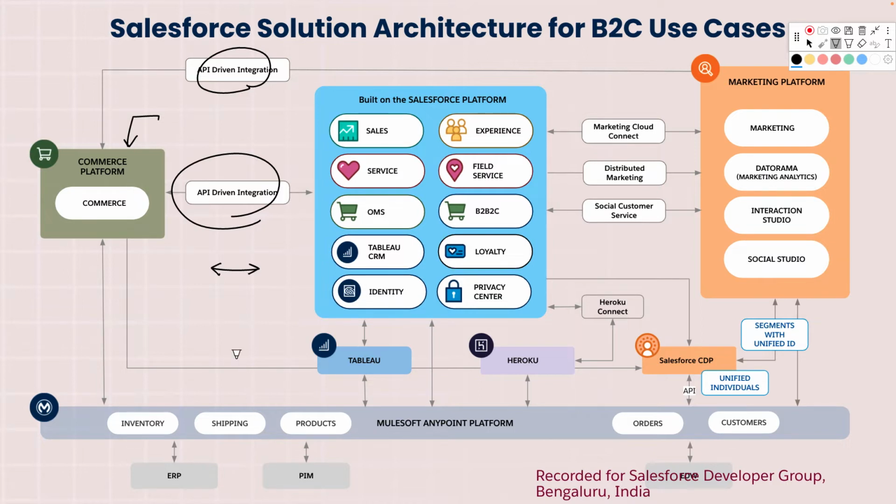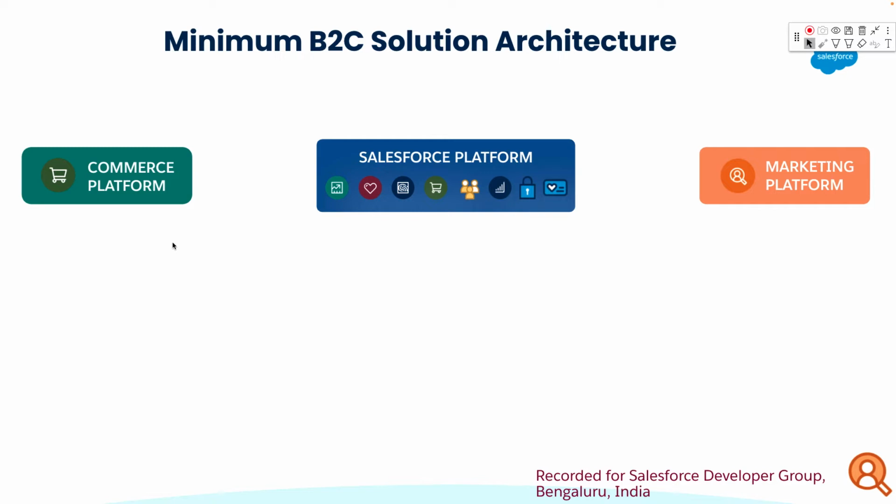What if I don't have this many products to work with? I am trying to look at a very simplistic manner. I just have commerce, I have a Salesforce platform and a marketing platform. How do I take care of such integrations? The answer is quite simple. For commerce to Salesforce platform, we will be looking into some sort of two-way API based integration.